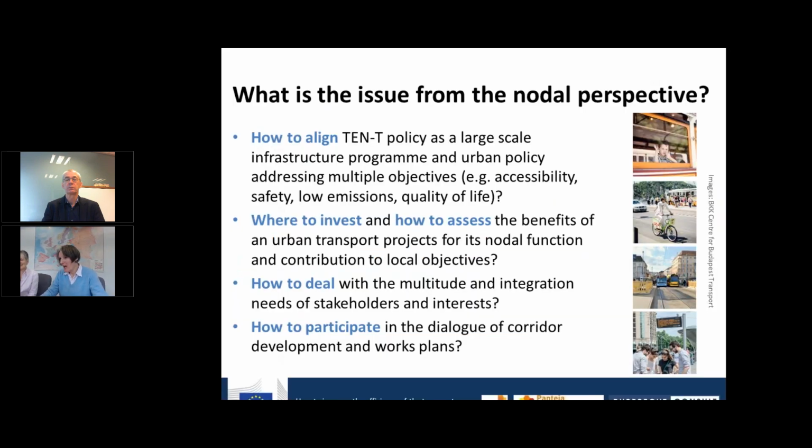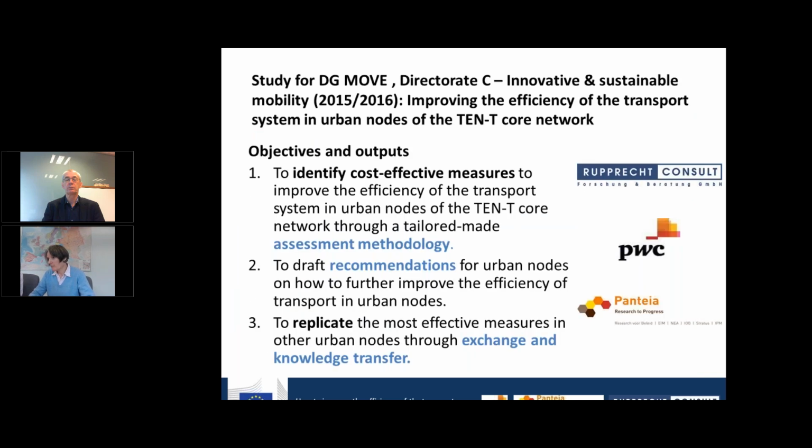Okay, I will continue with the objectives and outputs of our study, which was how to identify cost-effective measures to improve the efficiency of the transport system in urban nodes, and to develop a tailor-made assessment methodology, which will be introduced in some minutes.